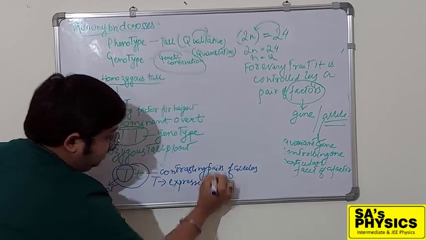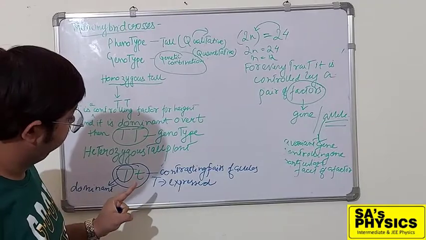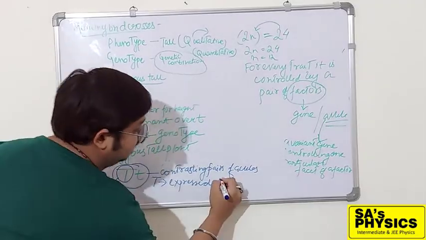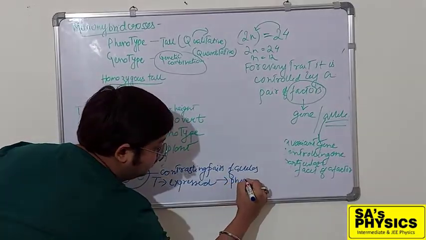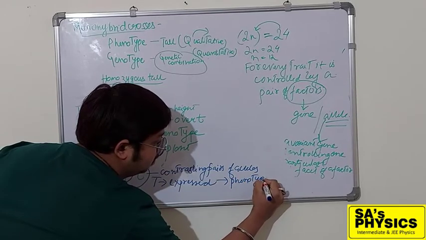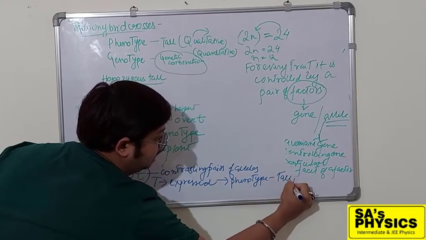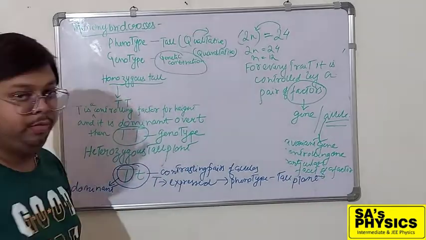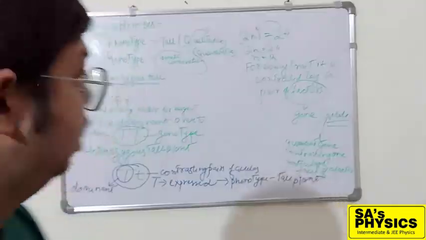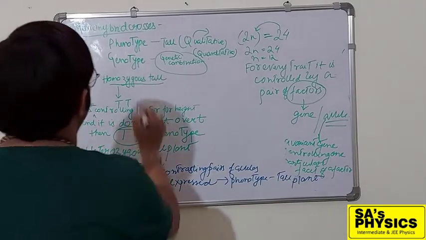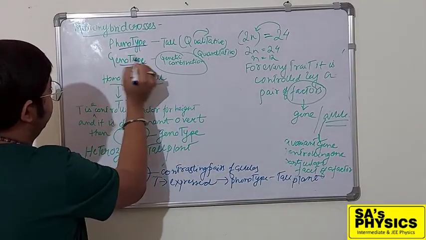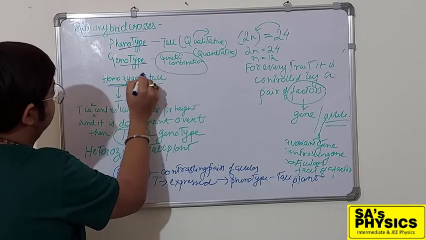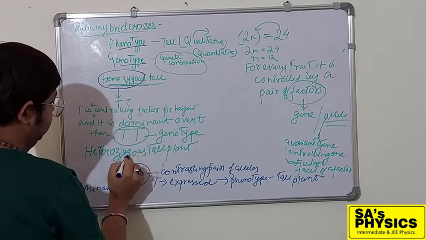And when capital T is expressed, the phenotype is tall plant because that's the dominant form. Right? So we have covered what is phenotype, what is genotype, what is homozygous, what is heterozygous.